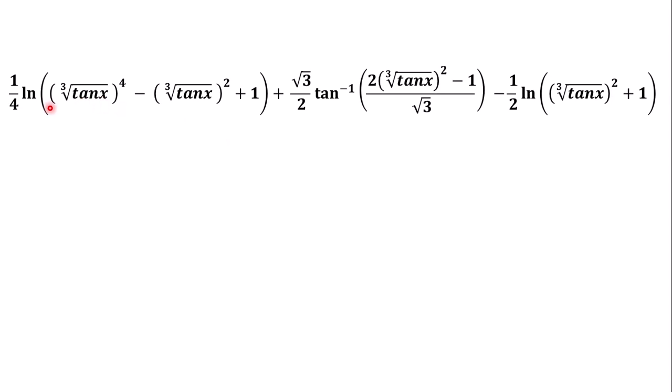We will first look at the whole of this as one, then this one as another, and then this one as another. After that we will combine our answers and find out what we get at the end of the day. In all, the motive of working this out is to get what? The cube root of tangent x. If you don't get that at the end of the day, you have wasted our time.